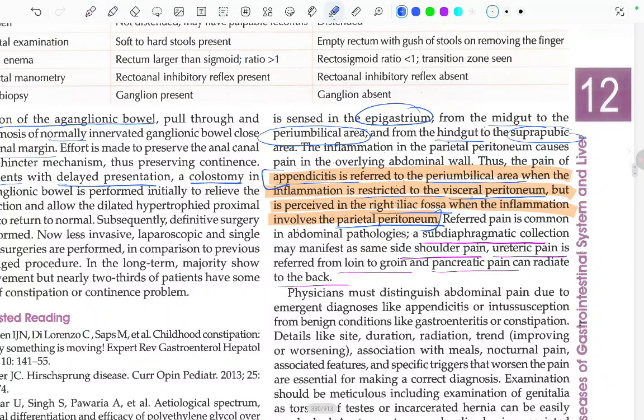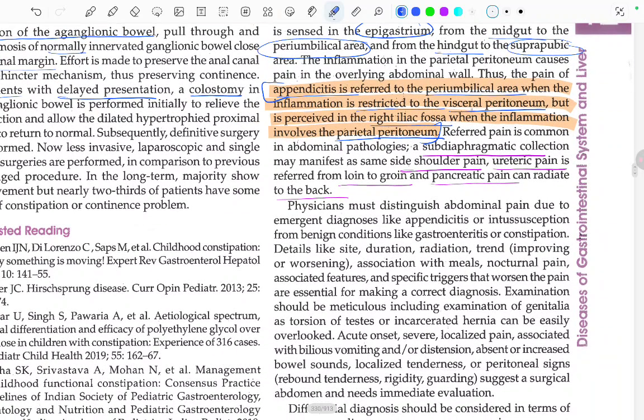Now the physician must distinguish abdominal pain due to an emergent diagnosis like appendicitis or intussusception from benign conditions like gastroenteritis or constipation. Details like the site, duration, radiation, trend, association with meals, nocturnal pain, associated features, and specific triggers that worsen the pain are essential for making the correct diagnosis.